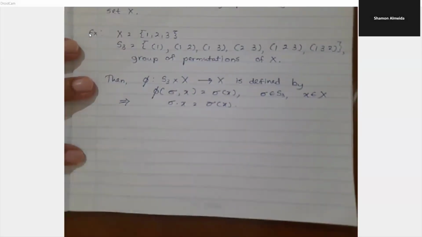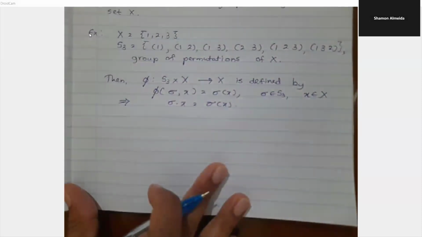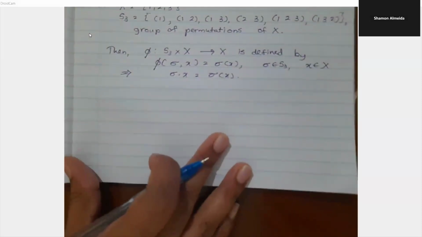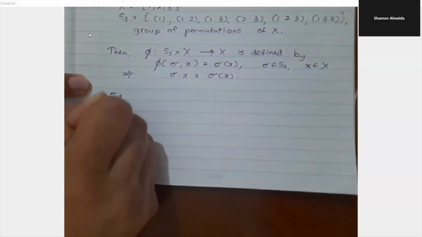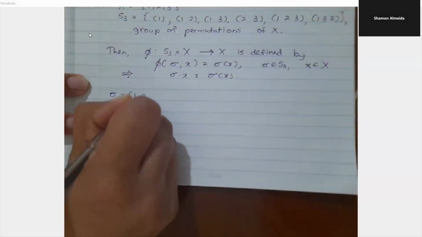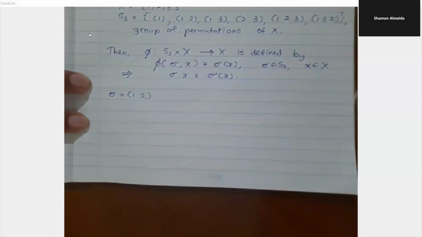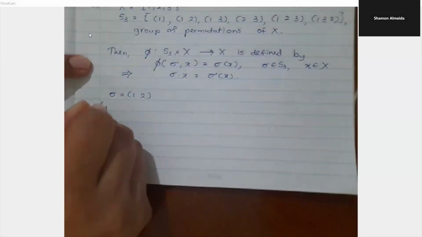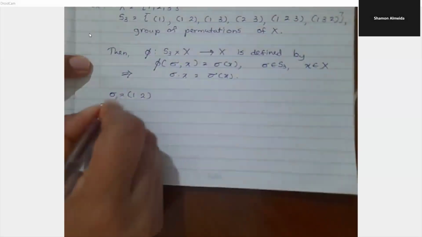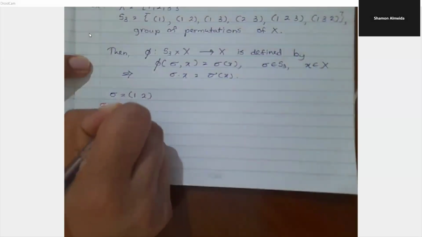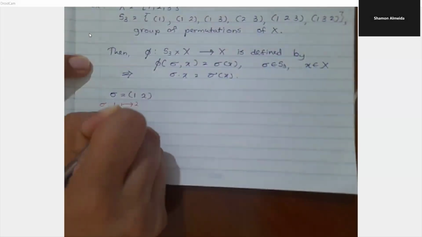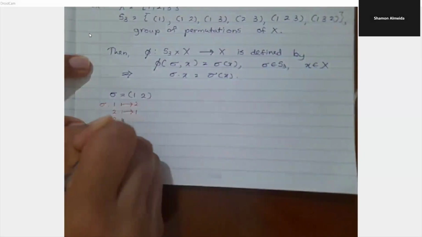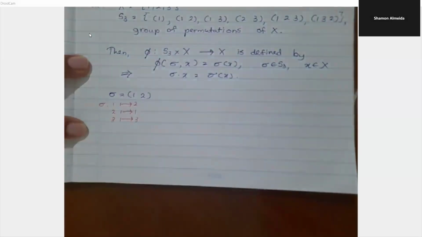Just to calculate maybe a few and see what it actually gives you. Let's take sigma to be the permutation (1 2). If I write it separately, this is the function sending 1 to 2, 2 back to 1, and 3 is fixed because you can't see it over here, right?